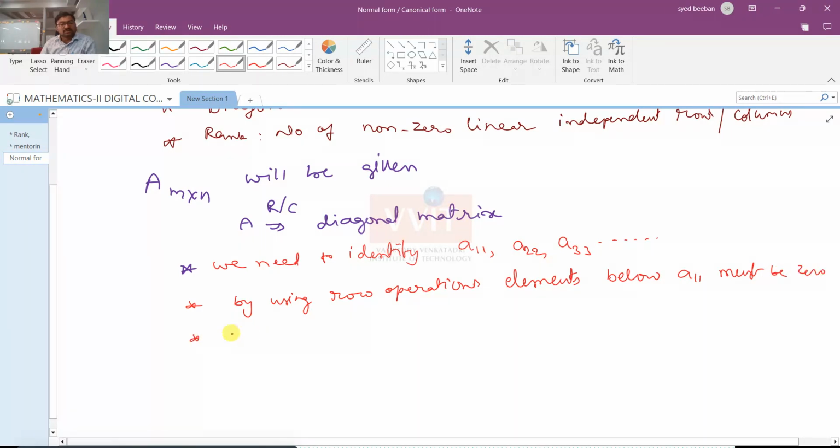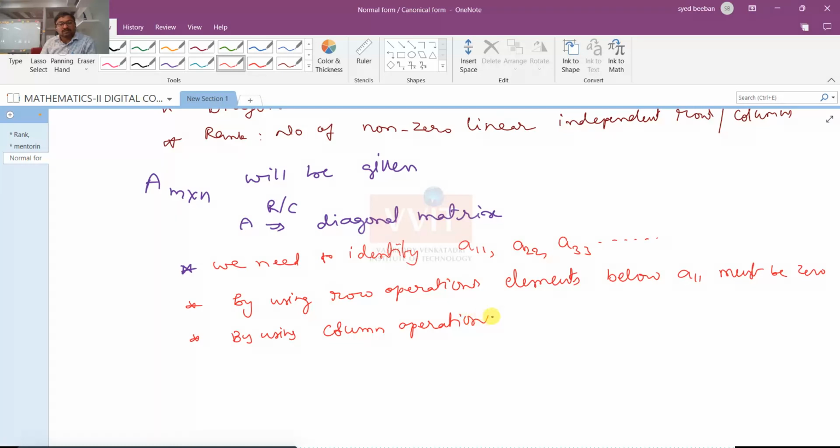Similarly, by using column operations, the elements beside A11 must be 0. So elements below and beside must be 0.